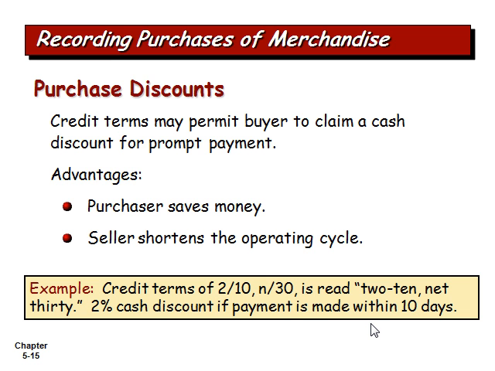In the box at the bottom here, it says credit terms of 2/10, n/30, read 2/10 net 30. So we get a 2% cash discount if the payment is made within 10 days. If we don't make the payment within 10 days, we don't get the discount. And as we'll find out, probably 2% in 10 days is a very excellent rate of return.